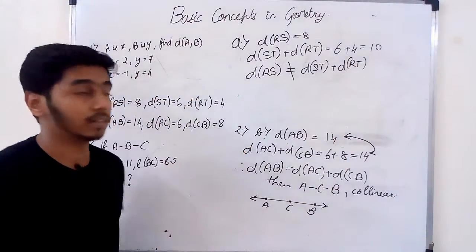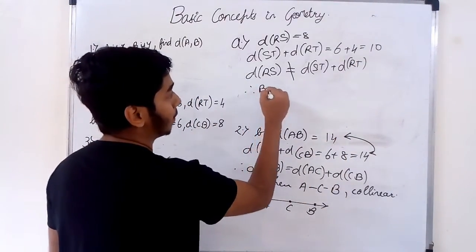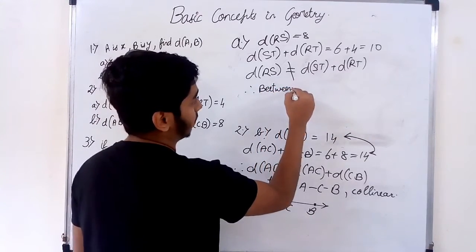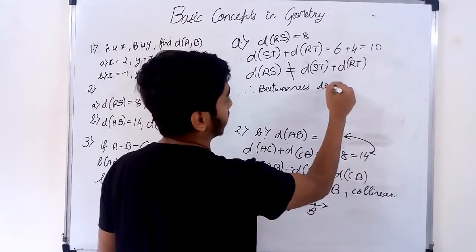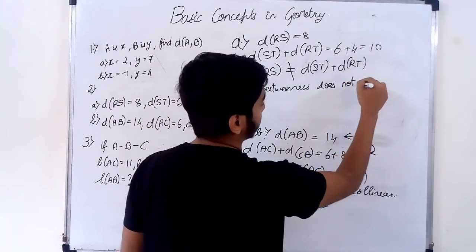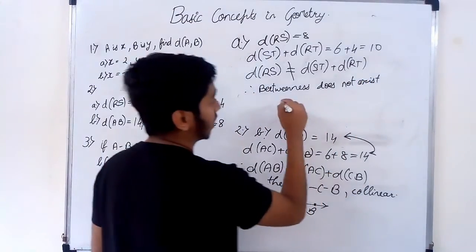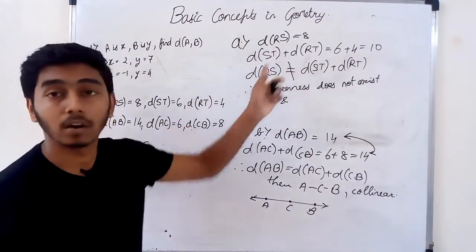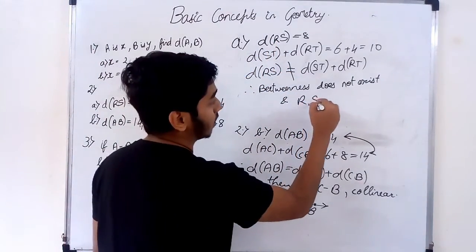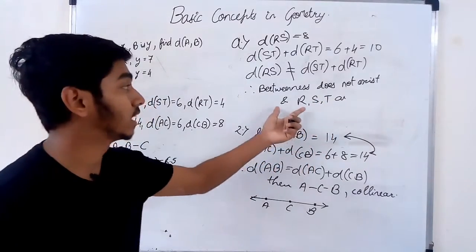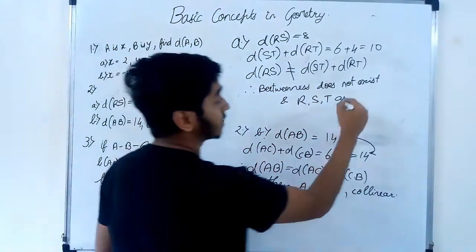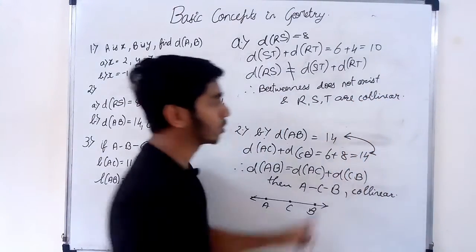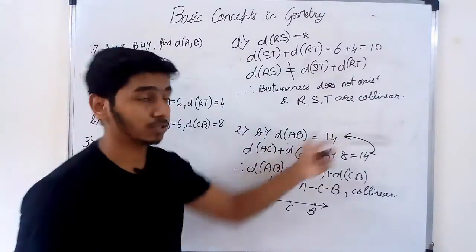So they are not equal, therefore we can say betweenness does not exist, and also we can say R, S and T, all 3 points are not collinear. Okay, so I hope you understood this.